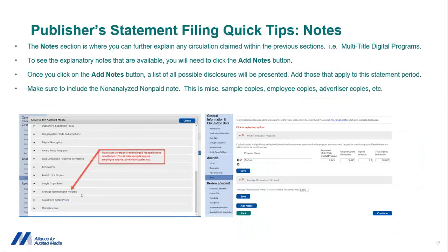These are your miscellaneous sample copies, your employee copies, checking copies, advertiser copies, things of that nature. You do need to report those, and it's in the non-analyzed, non-paid. So in my example here, I have multi-title digital programs, and also I included my average non-analyzed, non-paid. So I'll show you that in the live demo.